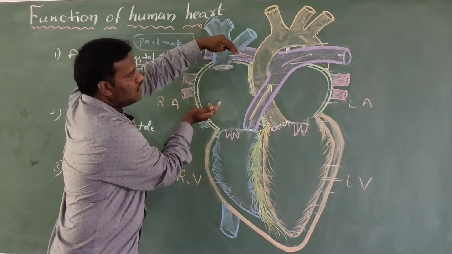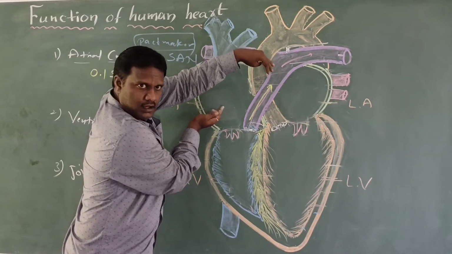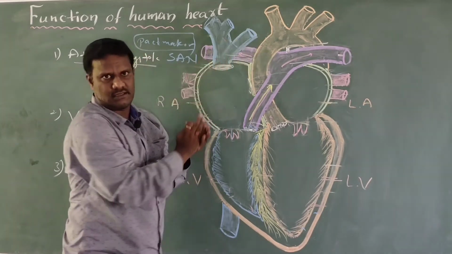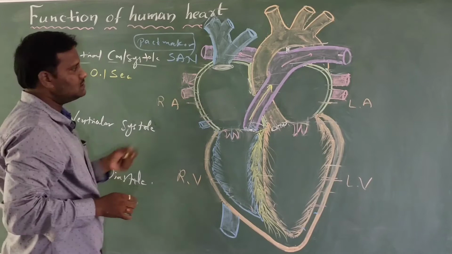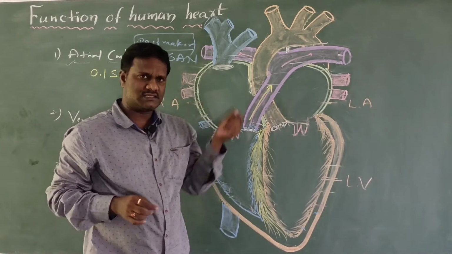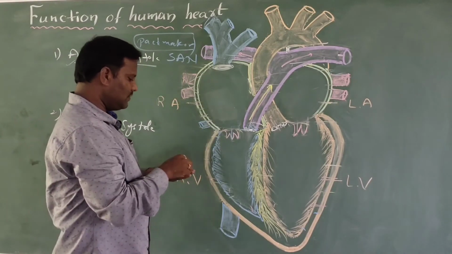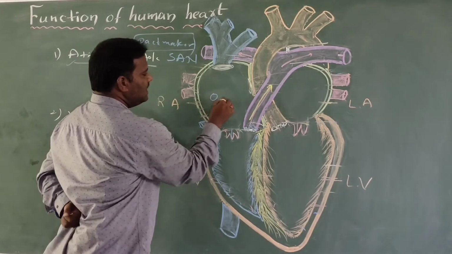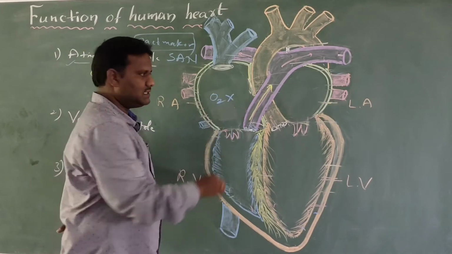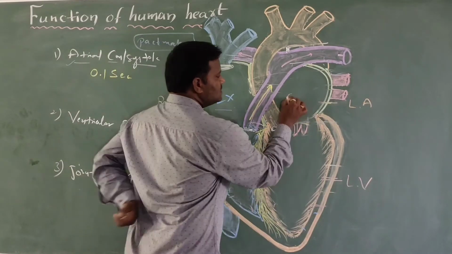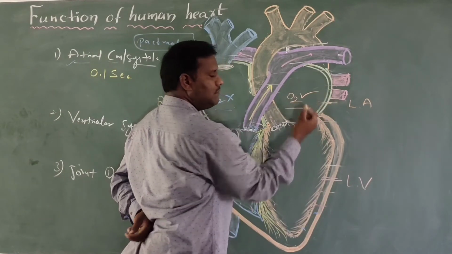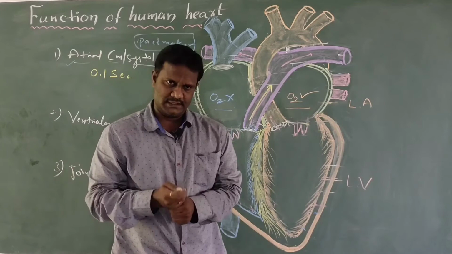In this way the two atria contract. This method is called atrial contraction. In the right atrium, what is being carried is deoxygenated blood, called waste blood. The left atrium carries oxygenated blood, the fresh blood.